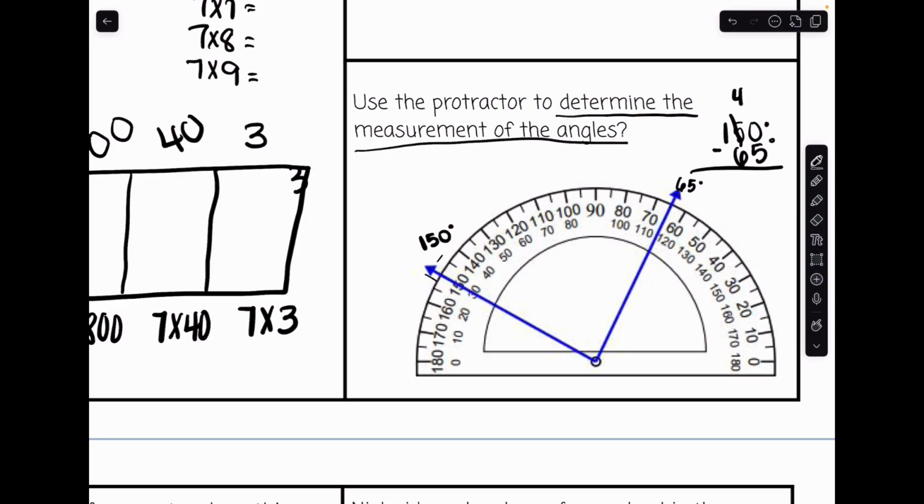The 0 in my ones place is going to become 10. 10 minus 5, 5. 4 minus 6, again, I can't do that. 14 minus 6, 8. So this angle is 85 degrees, which is an acute angle.